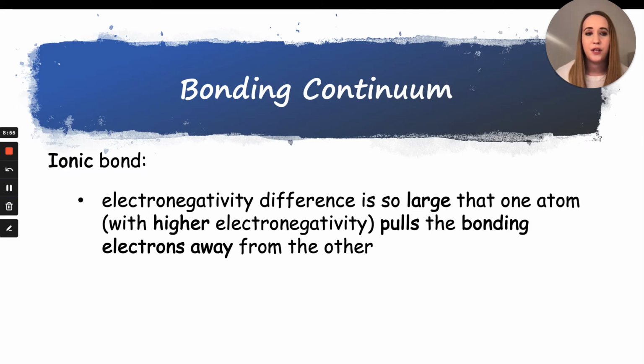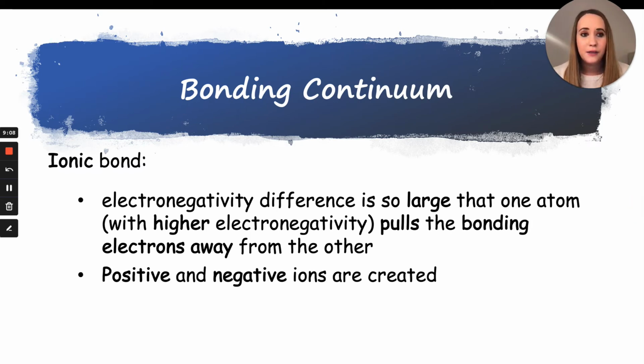So rather than them being shared between them or even shared unequally, the atom with the higher electronegativity just pulls the bonding electrons away from the other one. That means we form ions. So instead of those slight positive and negative charges, we get full positive and negative charges, and ions are created.